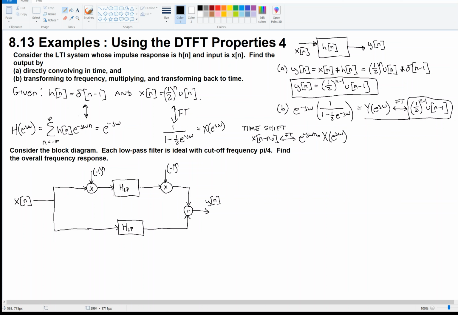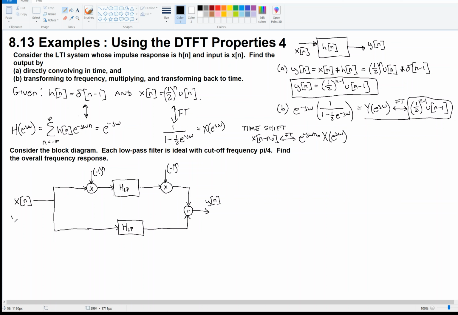And the second example is one of my favorite examples. We're going to consider this block diagram, and it says that each low-pass filter is ideal with cutoff frequency pi over 4. Find the overall frequency response.